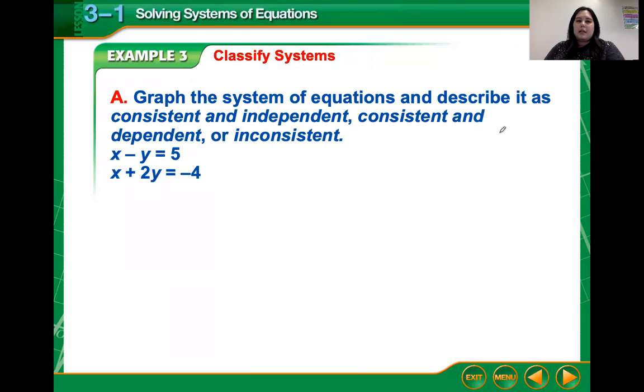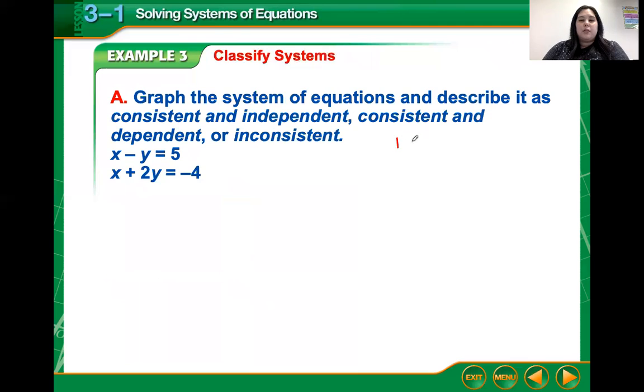All right, so next we're going to take a look here at a system of equations and describe it as consistent and independent, consistent and dependent, or inconsistent. So consistent and independent, and consistent and dependent, are going to describe two types of solutions we have.